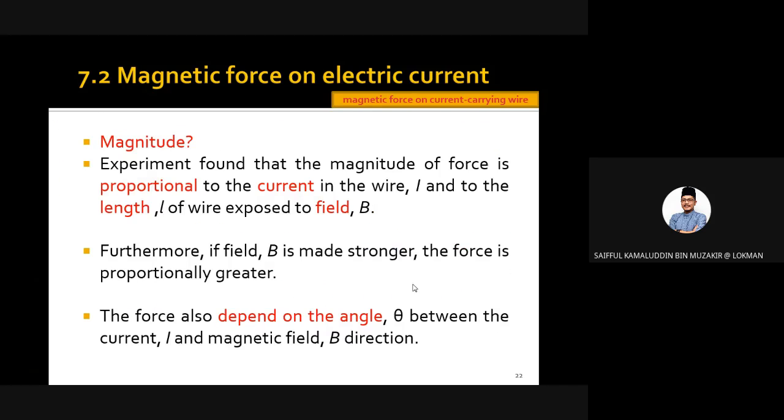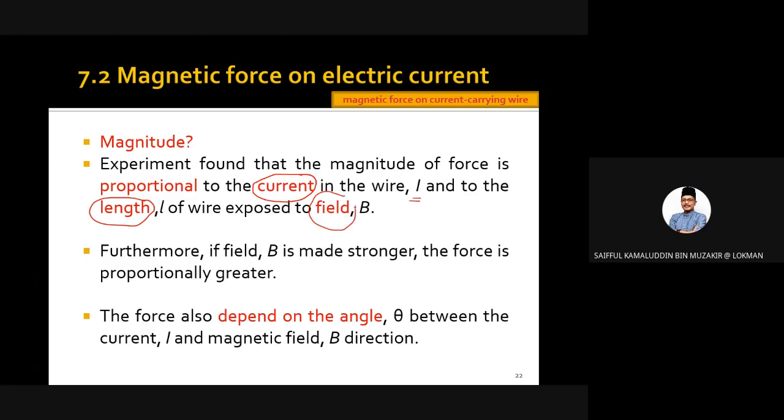Now, magnitude. Experiments found that the magnitude of force is proportional to the current in the wire. The force that we have determined using our thumb in the right hand rule is proportional to the current, I, and to the length of wire exposed to the field.